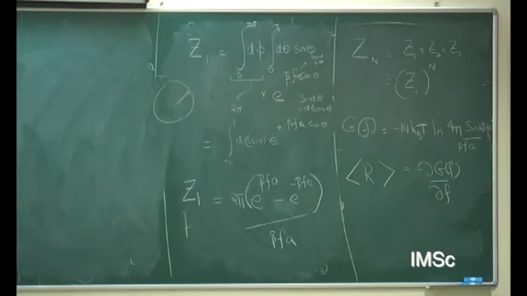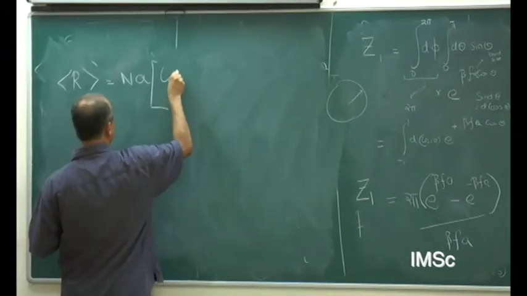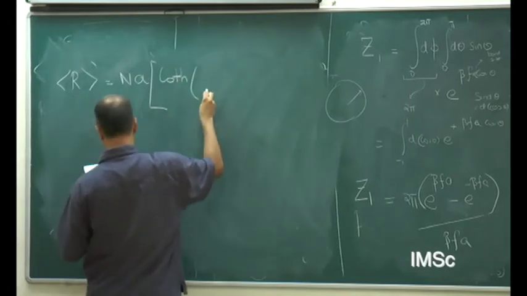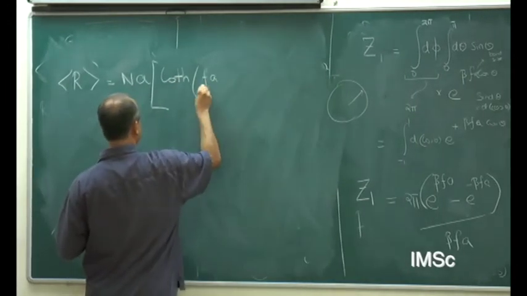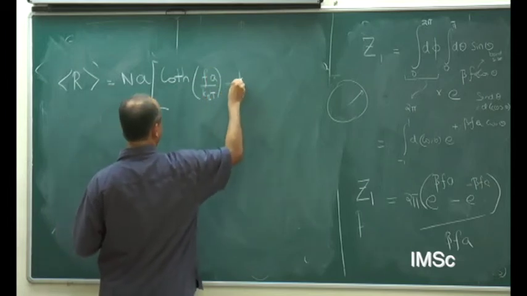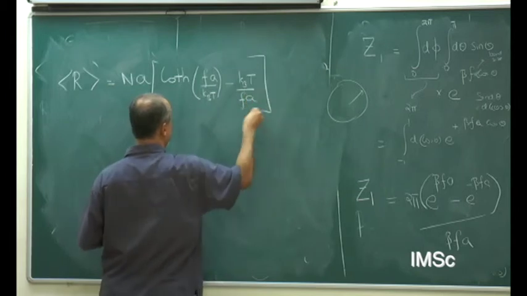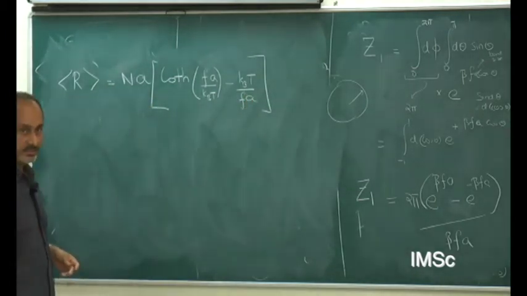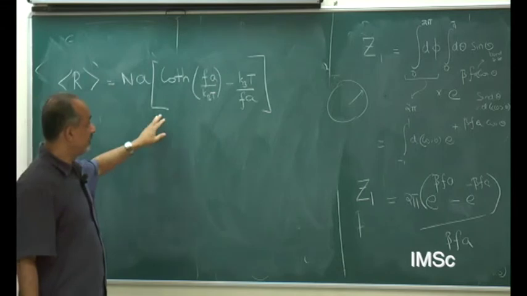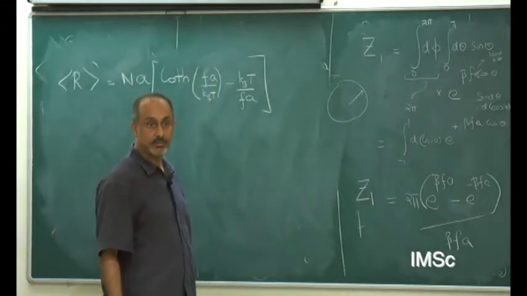I'll just write down the answer and you can check it. R averaged is n times a times the coth of F a divided by kBT, minus kBT divided by F times a. So now this is an answer to what happens when you apply a force in this model of a polymer, in the freely jointed chain model of a polymer.